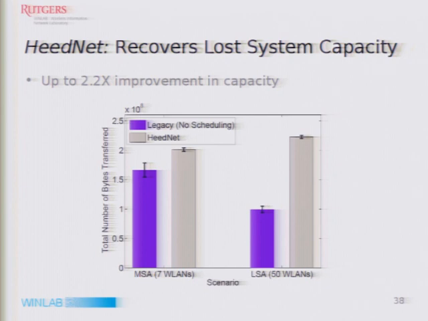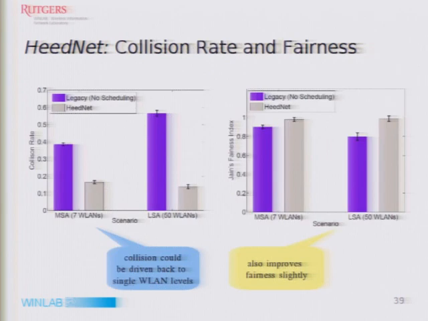So you actually recovered quite some, even with the 7 case. And with the large apartment case, you're actually seeing 2.2 times increment in the system capacity if you also do this schedule. And looking a little bit back, I won't spend too much time, but it's coming from, again, reduced collision rates that you can achieve with this.